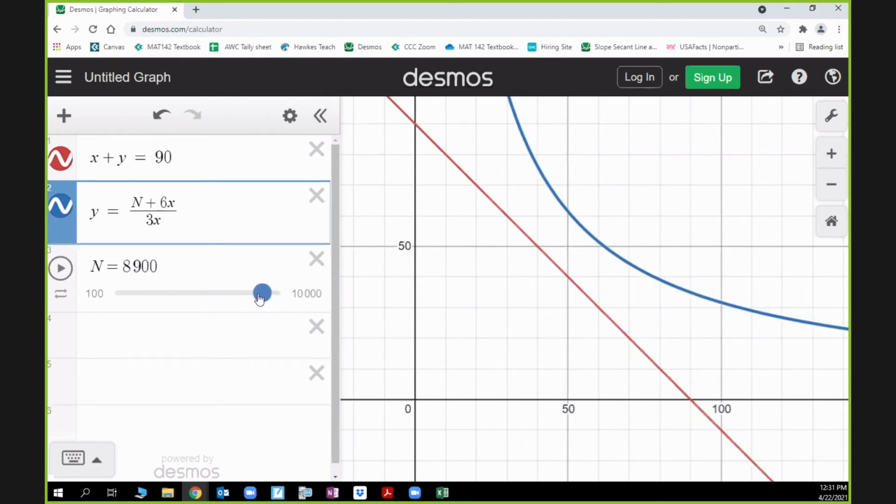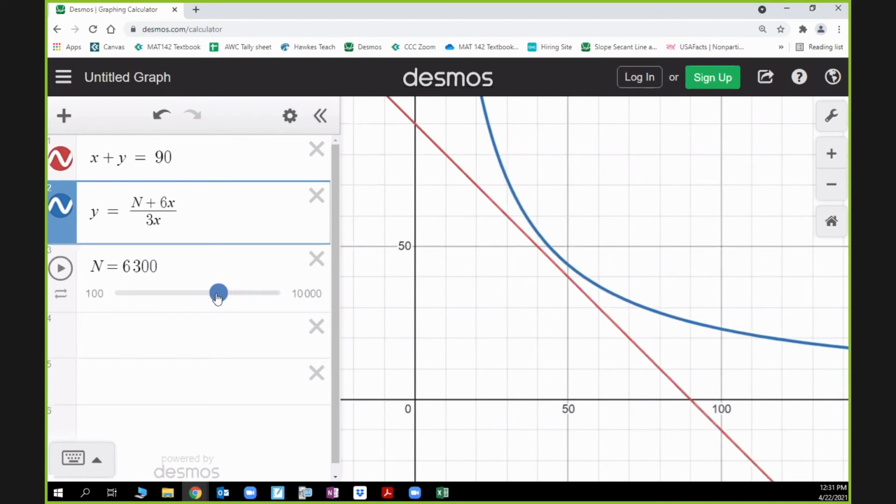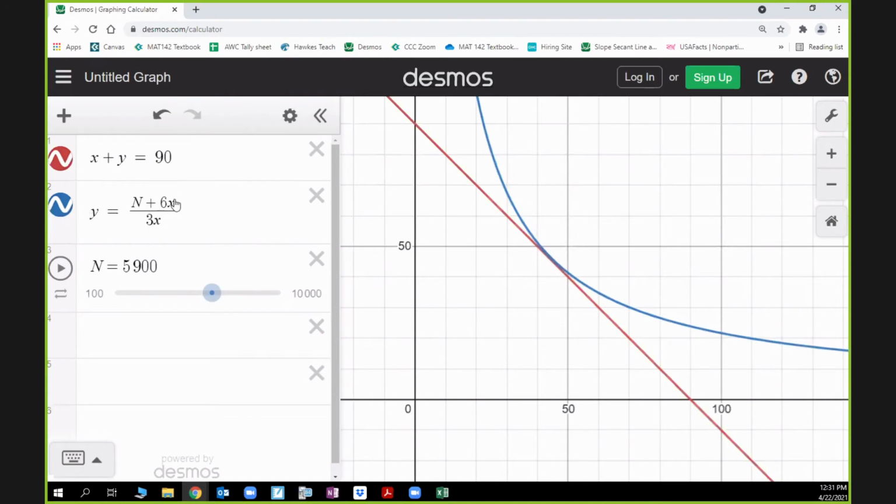So depending on N, we are trying to find that sweet spot where the output function and the budget function actually meet. And I don't think I'm quite getting it there. We'll find out what it is in a little bit.